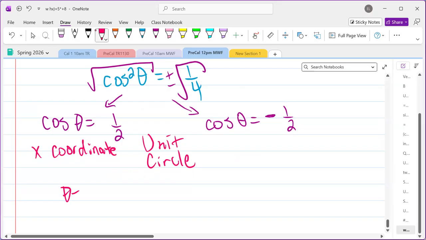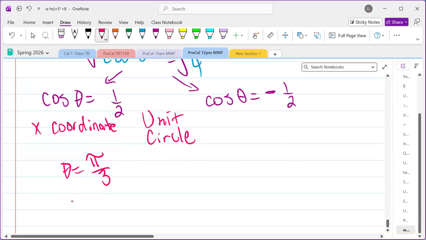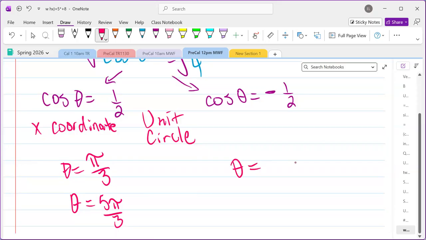So we get pi over 3 and 5 pi over 3. That's where cosine is positive 1/2. And then cosine is negative 1/2 on the left side, which is at 2 pi over 3 and 4 pi over 3.